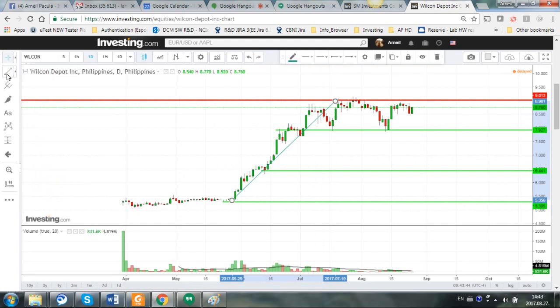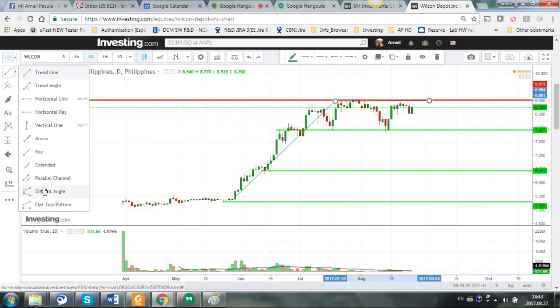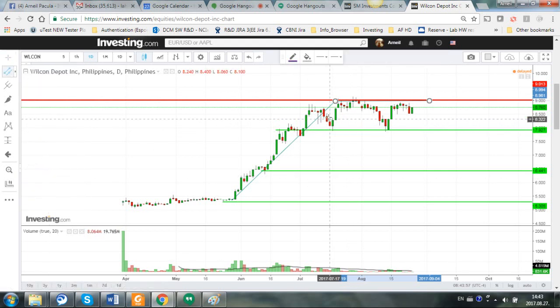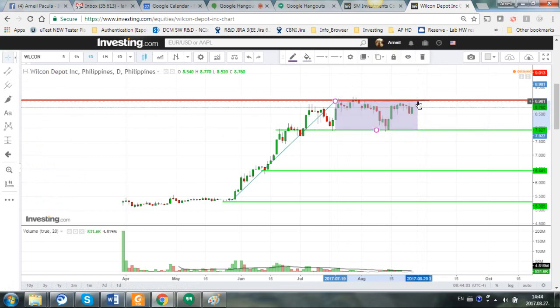But this is flattening. Actually, this is now a channel kasi mayroon siyang double bottom. So, in that case, pwede kang mag-draw ng parallel channel. So, i-connect mo lang yung point na yan, at i-drag down. So, parang channel yan. So, ano ba yung silbi ng channel?